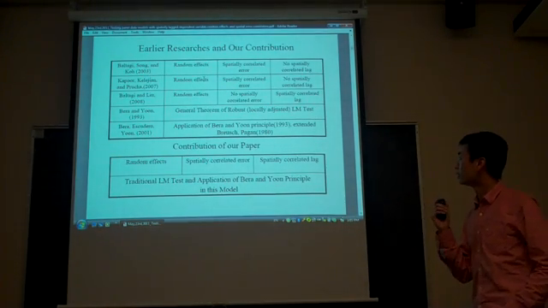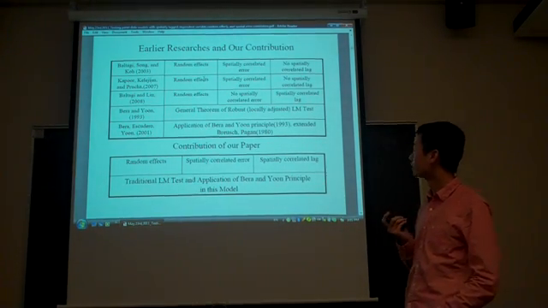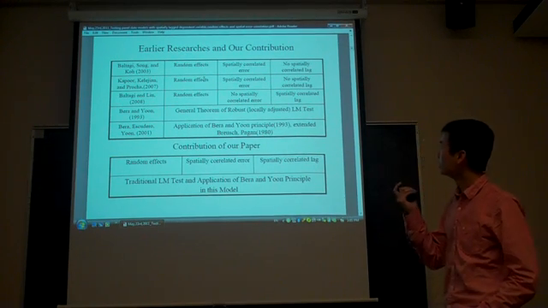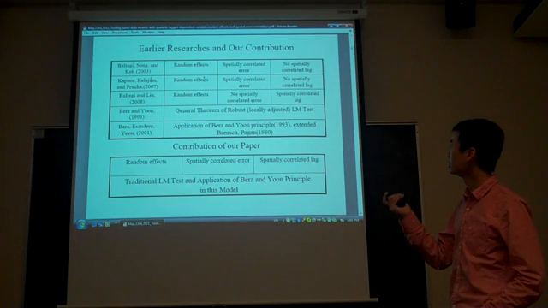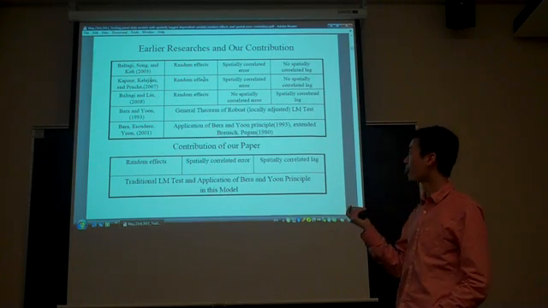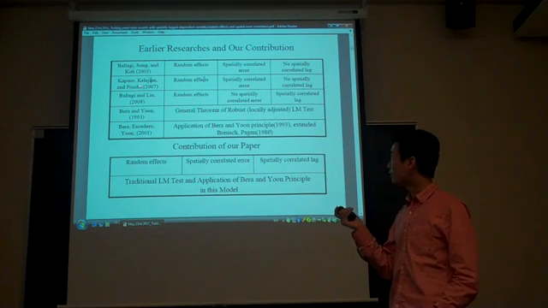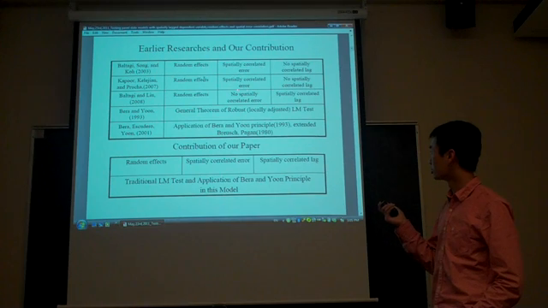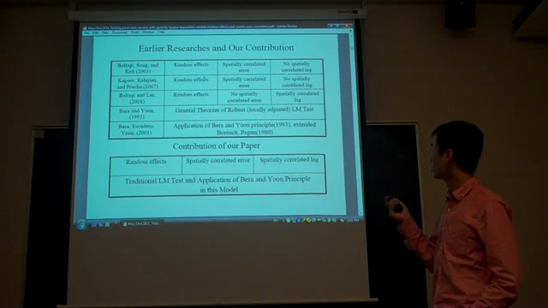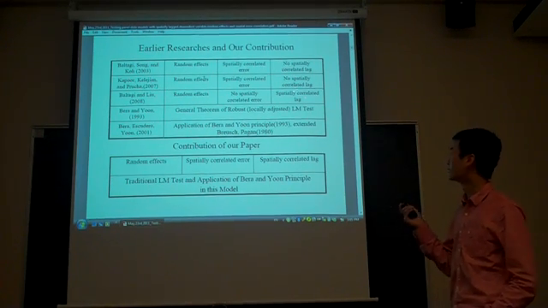Let's see what kind of earlier research has been done. In 2003, Baltagi and coauthors did a random effects model, but in their paper they included the spatially correlated error, with no spatially correlated random effect. In 2007, Kapoor and Kelejian also used random effects with a spatially correlated error, and no spatially correlated random effect.